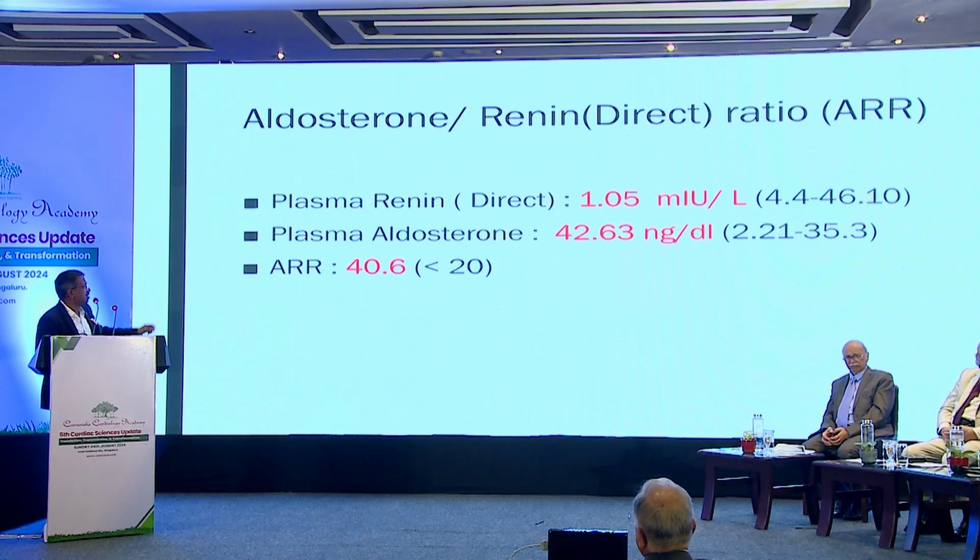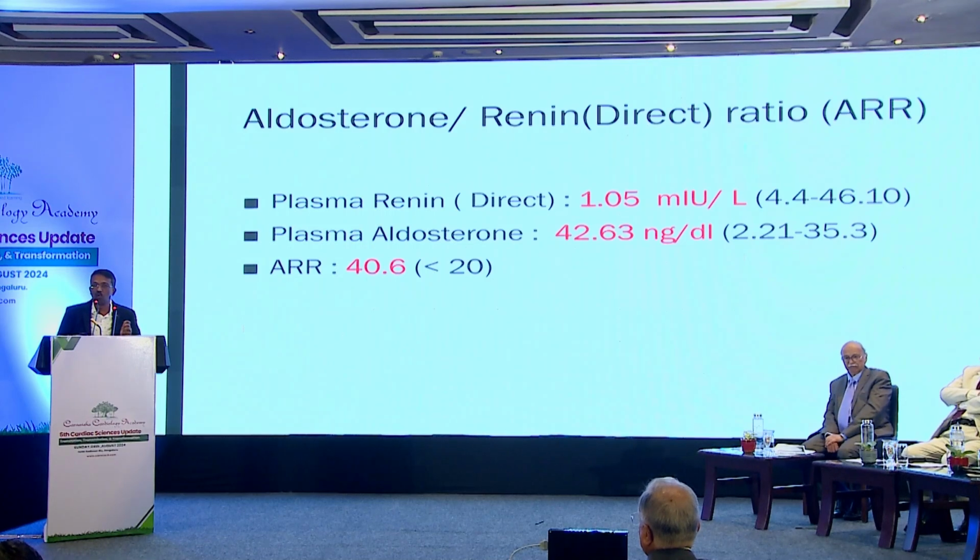So look at here, the plasma renin levels were 1.05 milli international units per liter, where the normal range is around 4.4 to 46, and the plasma aldosterone levels were 42.6. Whenever the plasma aldosterone levels are more than 20 nanogram per deciliter, it almost clinches the diagnosis of hyperaldosteronism, but obviously if you want to say primary, the renin level should be very low.